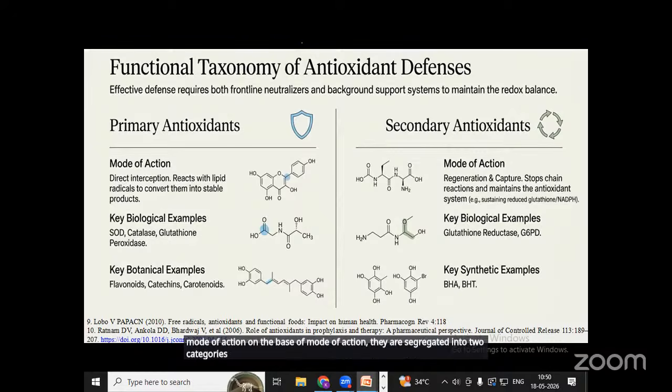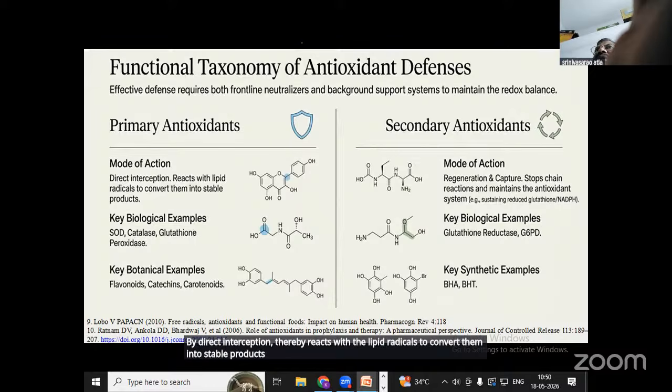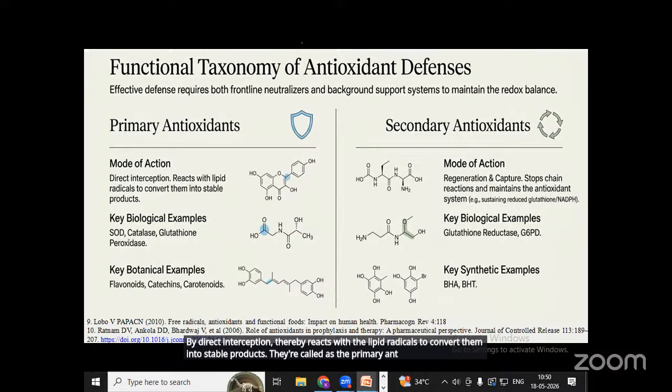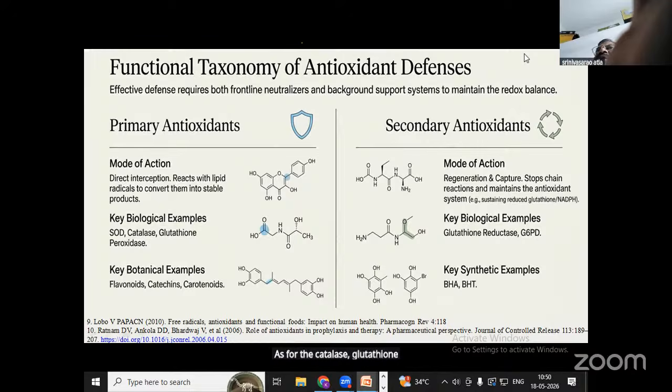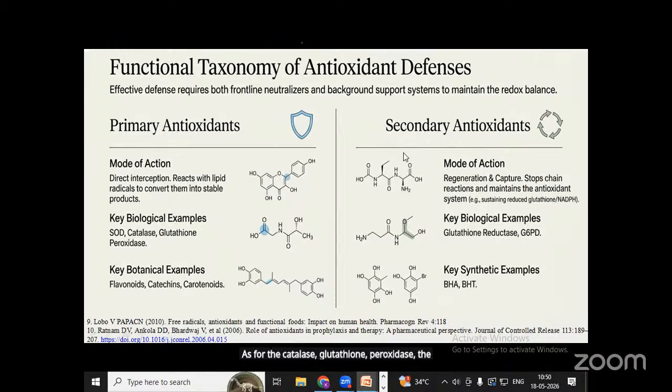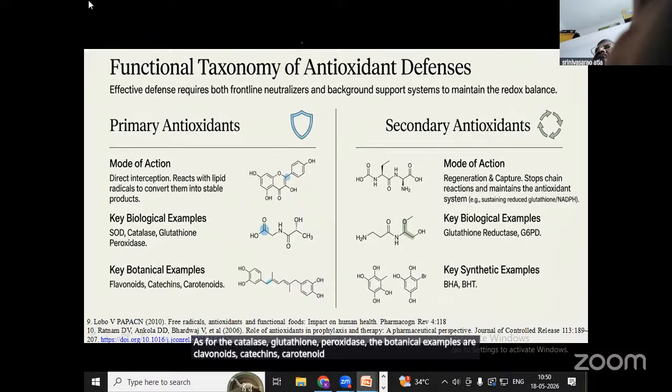By direct interception, they react with the lipid radicals to convert them into stable products. They are called primary antioxidants. The biological examples are SOD, catalase, and glutathione peroxidase. The botanical examples are flavonoids, catechins, carotenoids, etc.